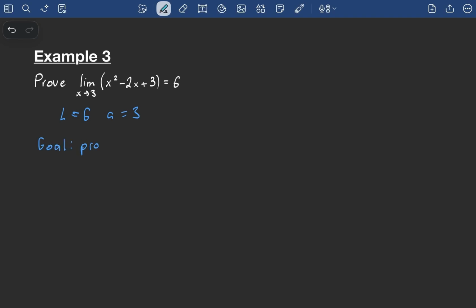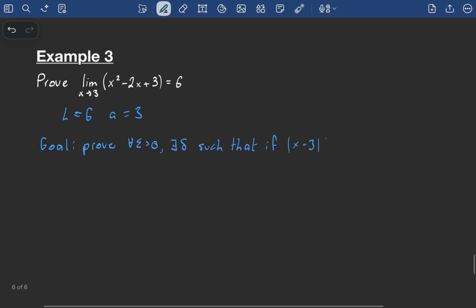We need to prove that for all epsilon greater than 0, there exists a delta such that if the absolute value of x - 3, in this case because our a is 3, is less than delta, that implies that the absolute value of f(x) - 6 is less than epsilon.